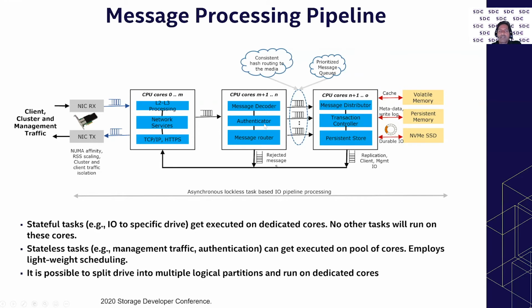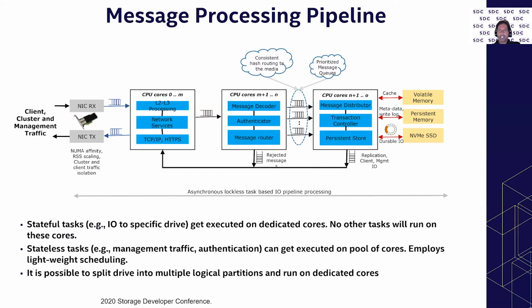And then once the message is decoded, based on the type of message, it ships to the right set of cores that can process it. So for example, if it is data plane traffic, once the message is decoded, it gets published to the queue of a given NVMe SSD that is supposed to process that data, plus persistent memory that is supposed to do the lookups.